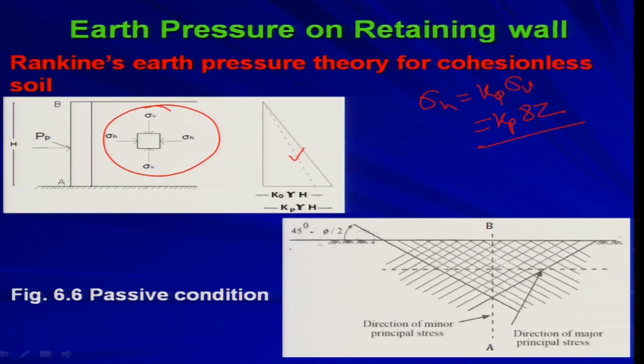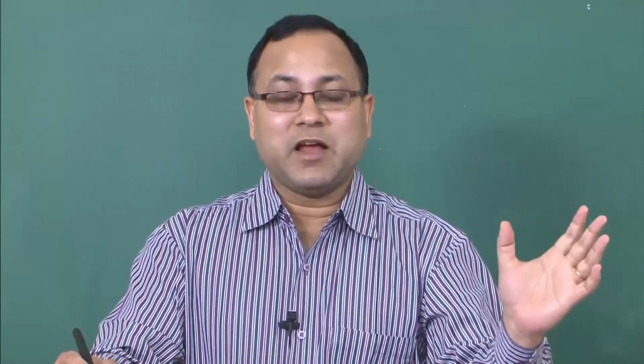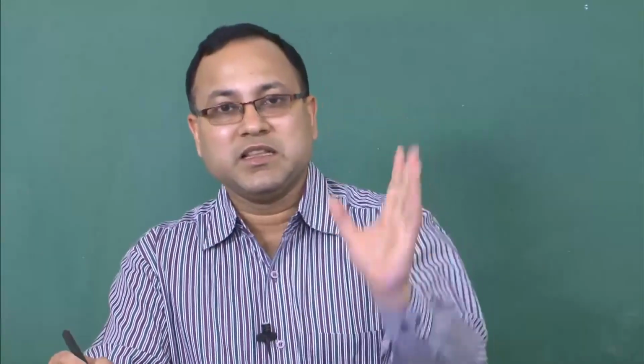This solid line will give you the earth pressure at passive state. So, at z equal to 0 it is 0, at z equal to h it is Kp into gamma h, which will be greater than your earth pressure at rest condition. Agreed? Earlier in case of active state you got a lesser value than the rest condition, now you are getting a higher value than the rest condition, which is quite obvious from our earlier discussion.